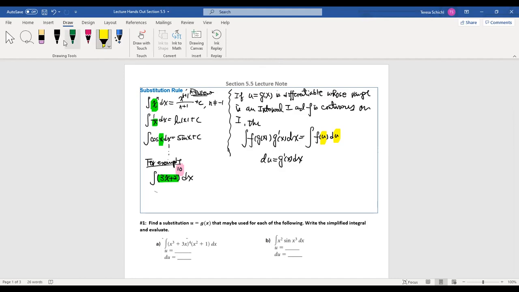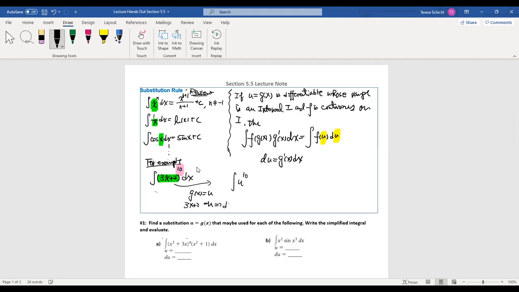Just like we did for this example, 3x+2: f is the exponent function, and if you say u is g(x), then the whole thing becomes u to the 10th power. Then for dx, g(x) is 3x+2, so u is 3x+2, and du equals 3 dx.